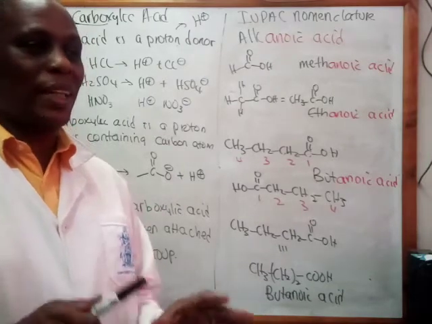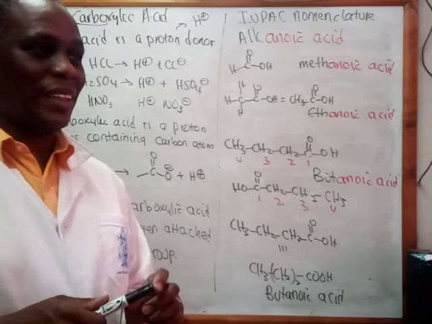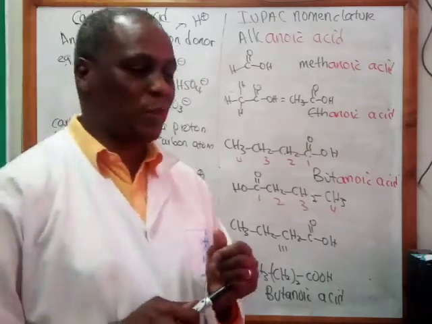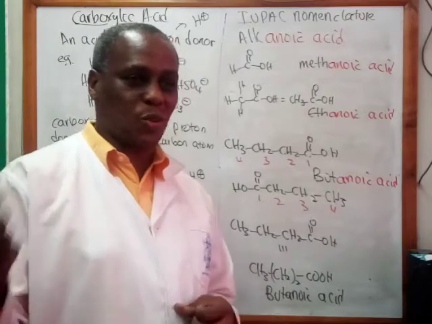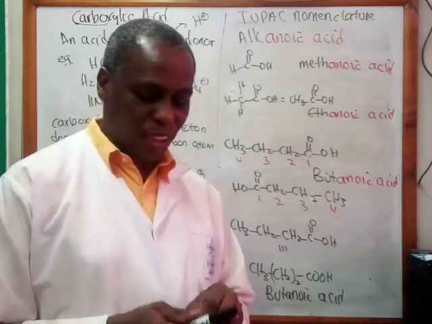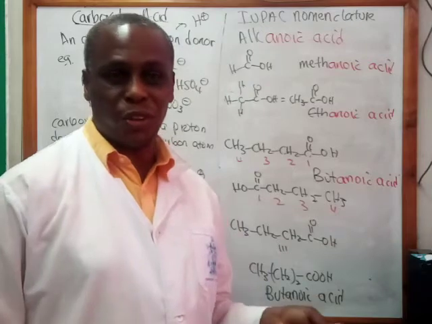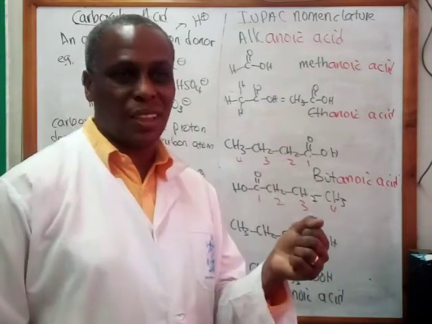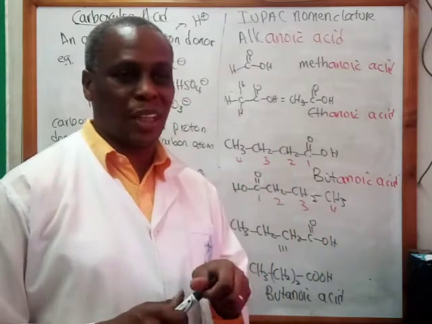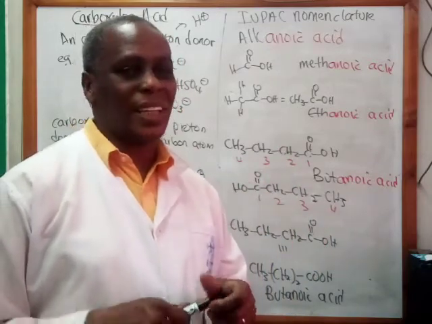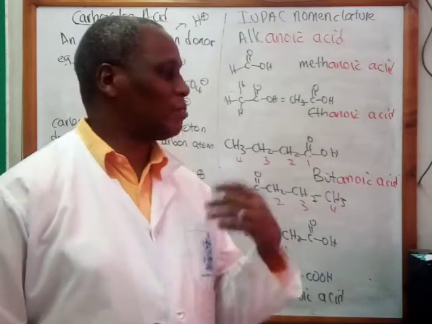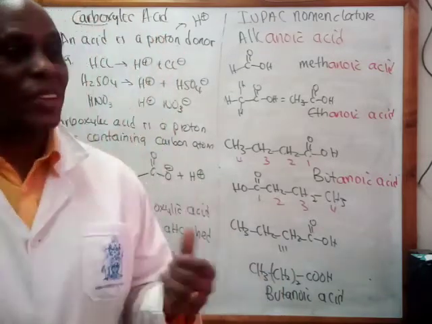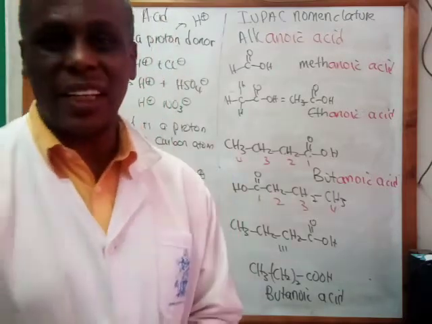I'm talking about the hydrogen atom itself, not its isotopes like deuterium, which contains 1 neutron, and tritium, which contains two neutrons. So the normal hydrogen contains the proton, which is positive, and the electron, which is negatively charged. So the hydrogen atom can lose an electron.